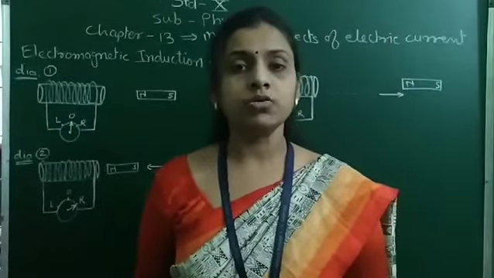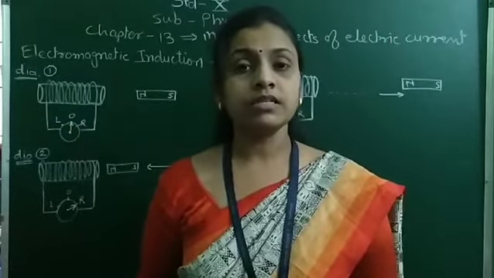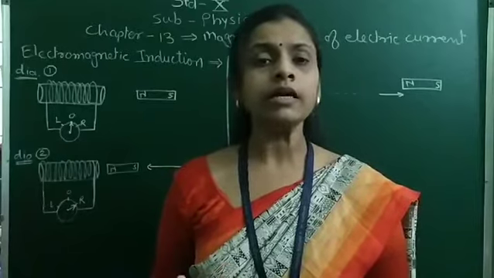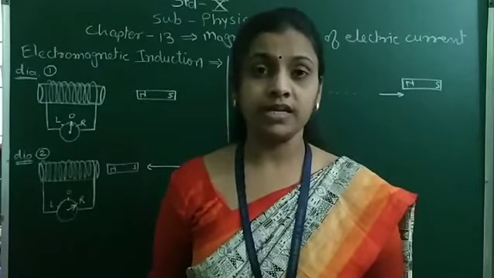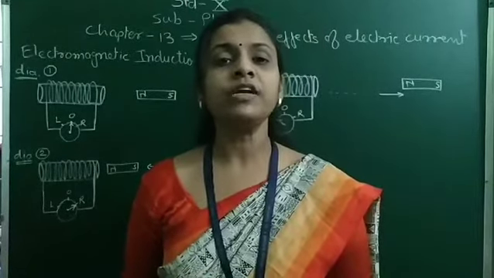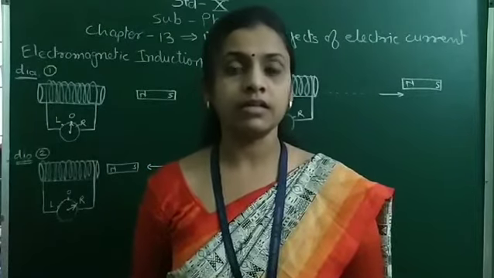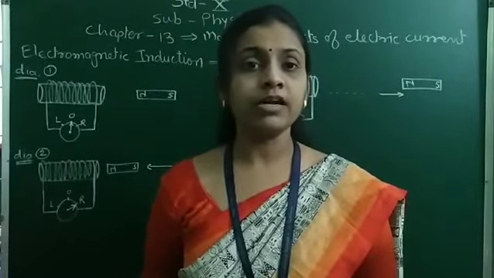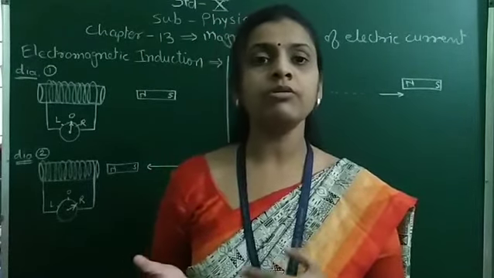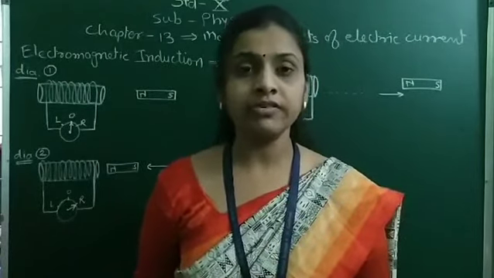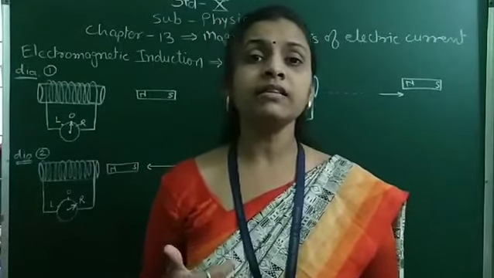According to the Xth standard, we have studied that a current carrying conductor produces a magnetic field, and that magnetic field is perpendicular to the current. That we have seen from the right hand thumb rule, and for that we have seen three different activities also. So what is the right hand thumb rule?